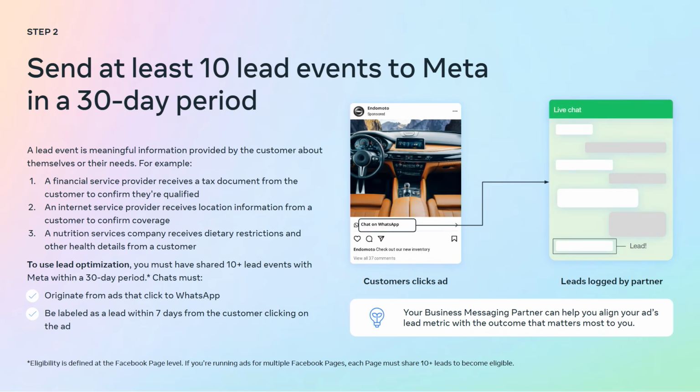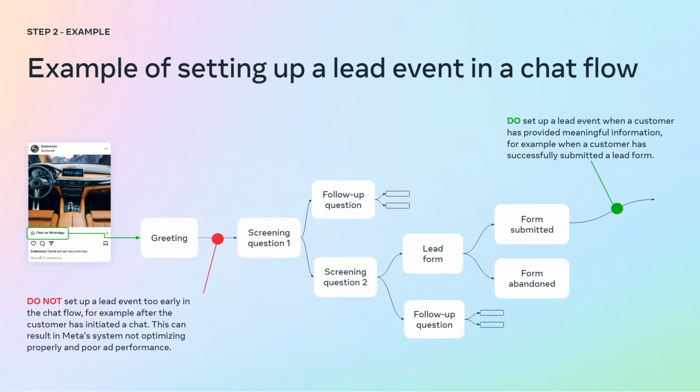Regardless, you need to send enough lead events to Meta in a 30-day period, using any of the 3 channels: automatic events in Meta Business Suite inbox or through a partner, labels in WhatsApp or Lead Center, or Conversions API, aka CAPI. But look, I can't emphasize this enough.